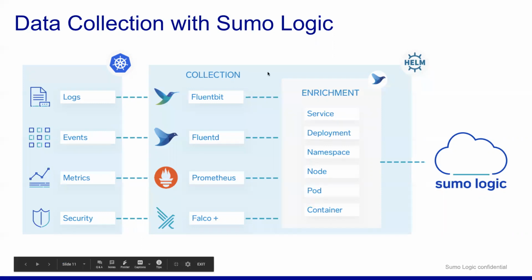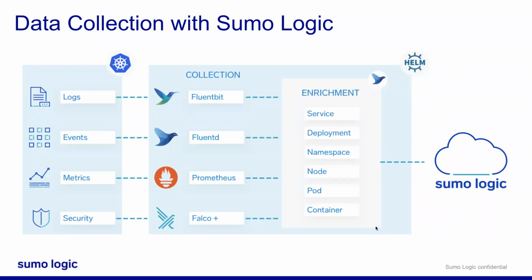So I'll come along to the enrichment side, and this is where the magic happens. This is the secret sauce. So every single log event, metric or security event that is generated flows through our enrichment pipeline. So normally, when you've used a lot of tooling, you'd be able to see with a particular log message something like the node, possibly, or the pod or the container that it came from.